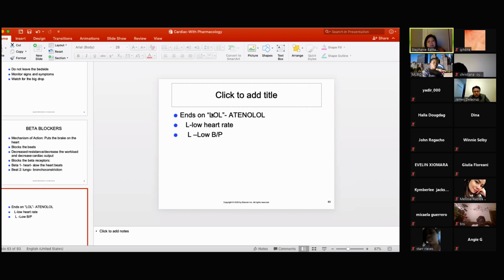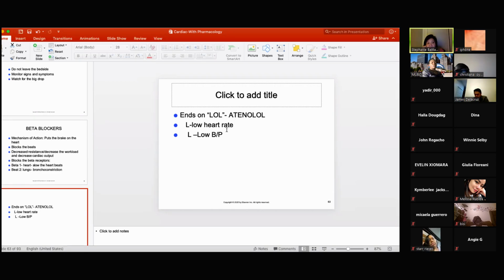Examples of beta blockers end in LOL, like atenolol, okay? So LOL, you have the 2 L's. Low heart rate and low BP is the goal for your beta blockers.